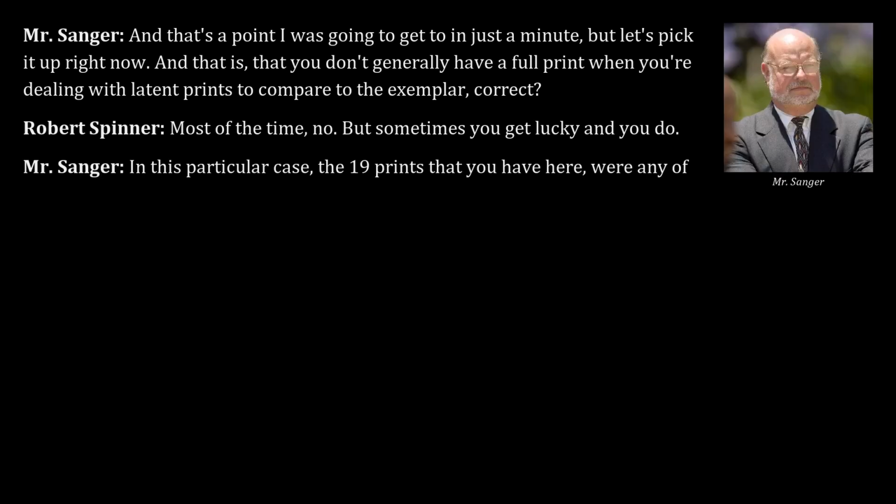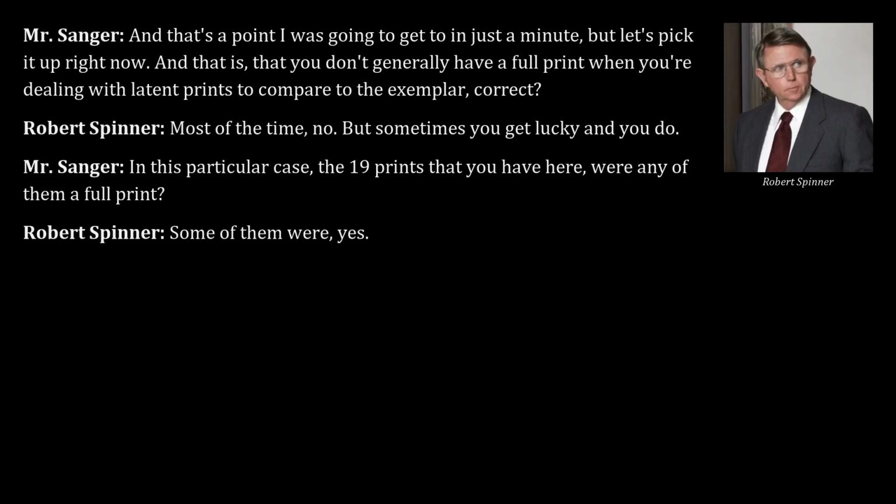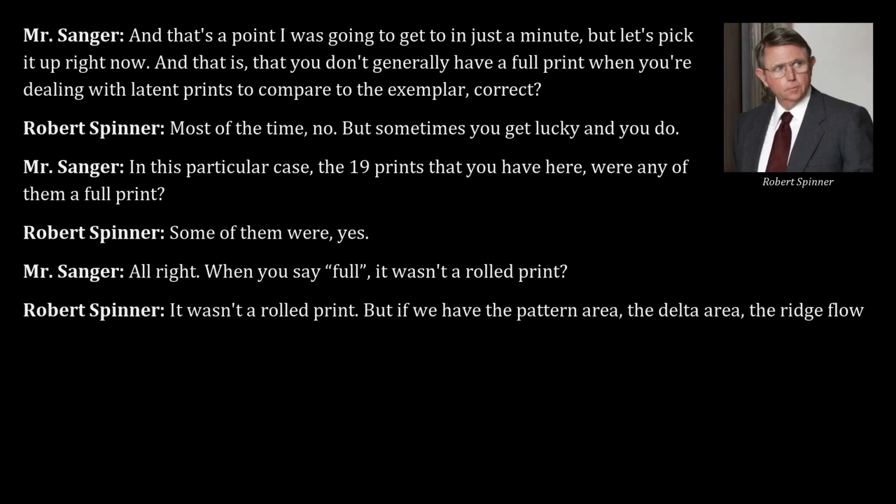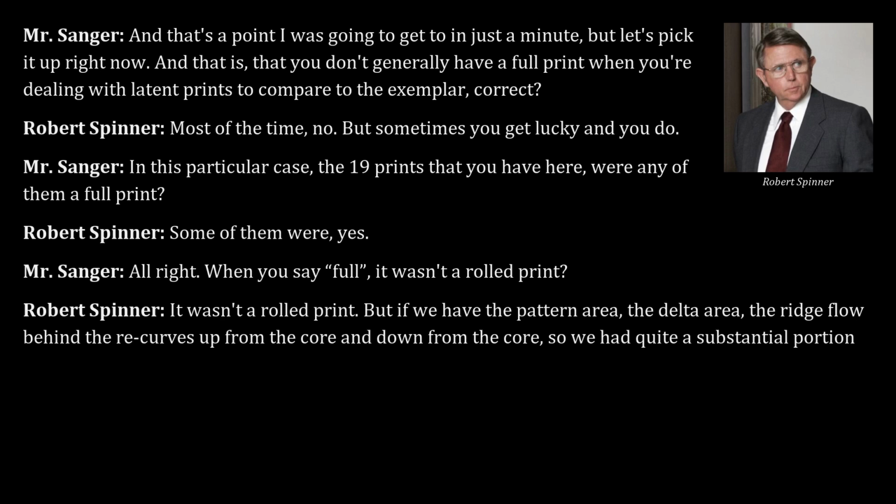In this particular case, the 19 prints that you have here, were any of them a full print? Some of them were, yes. Alright, when you say full, it wasn't a rolled print. It wasn't a rolled print. But if we have the pattern area, the delta area, the ridge flow behind the recurves up from the core and down from the core, so we had quite a substantial portion of that print visible.